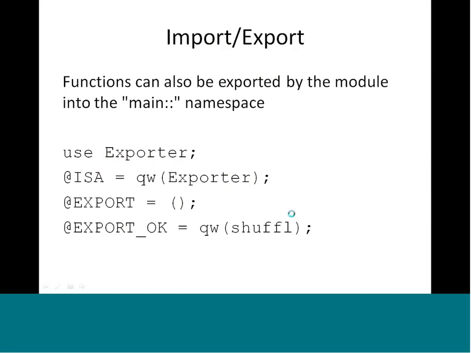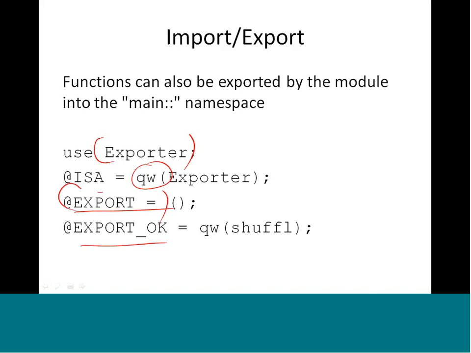So we can also export functions by the modules into the main namespace. Here we use what is called an Exporter, and we specify the Exporter into this array, and then EXPORT is another variable.